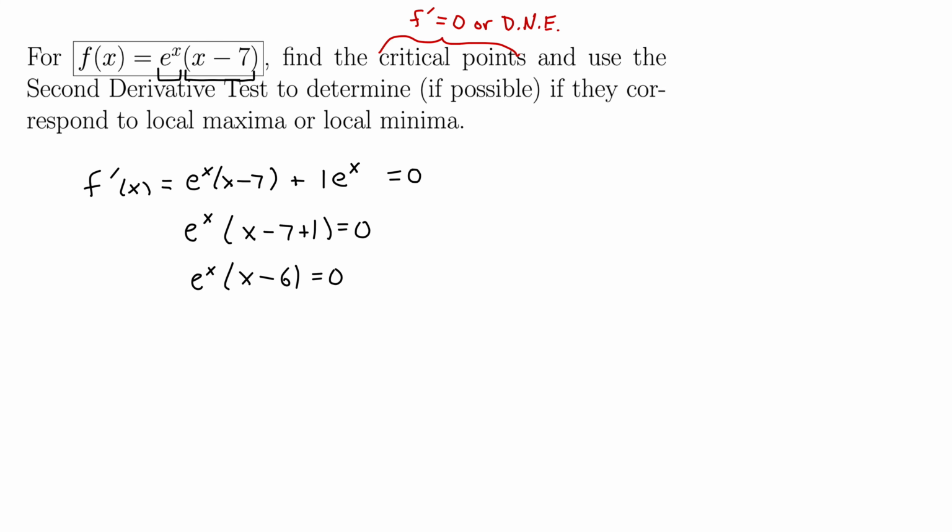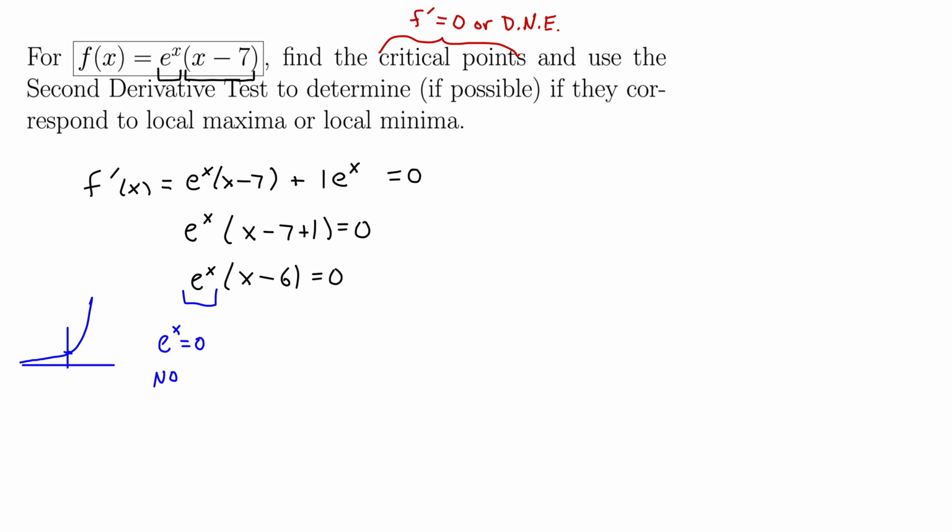So really we're only looking for points where it equals 0. There's no way for e to the x to be equal to 0. So we'd set each one of these equal to 0. e to the x equals 0? No. Well, why not? There's a few reasons why. I recommend carrying around a graph of e to the x, which looks something like this. Note that it asymptotically approaches 0, but it never equals 0.